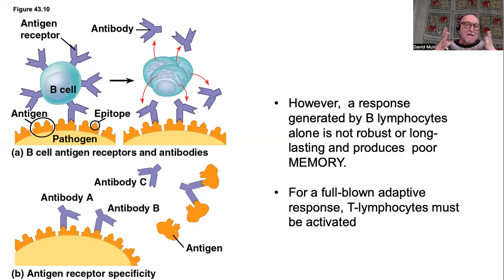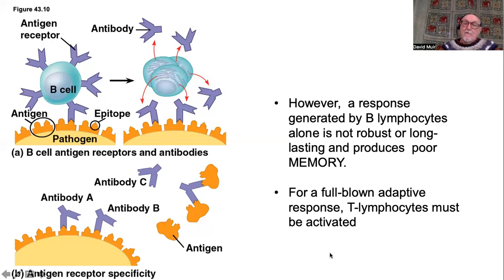I say often because it depends a bit on the antigen, but in most cases, it produces memory which may be extremely long-lasting. You may be exposed, for example, to antigen in your childhood and still maintain memory against that antigen into your old age. So this immunological memory can be extremely long-lasting.